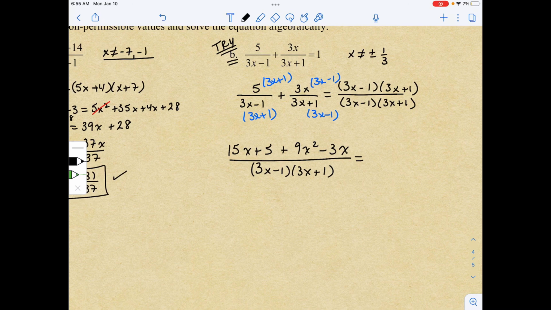And on our right hand side we're going to distribute those numerators again, and that's just a difference of squares, so that's 9x squared minus 1.